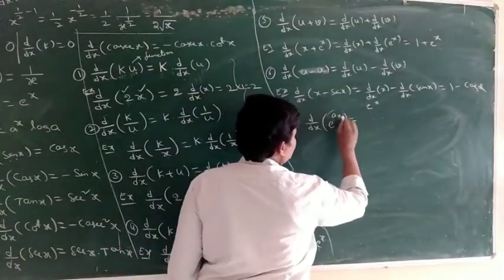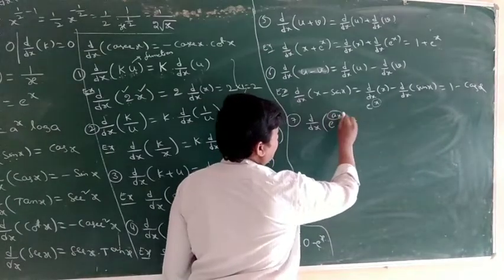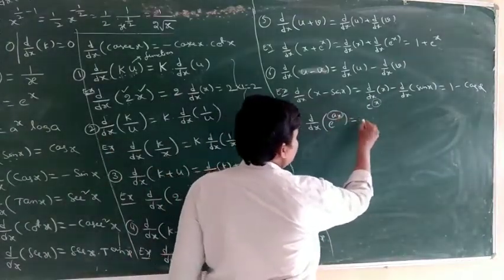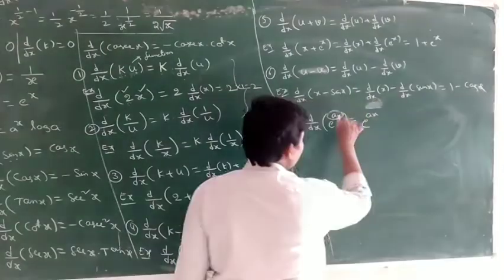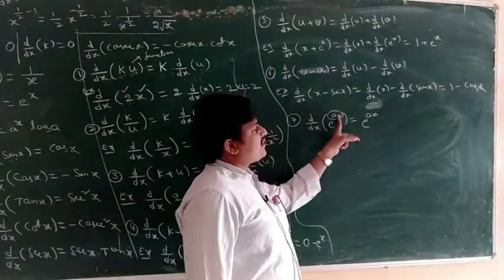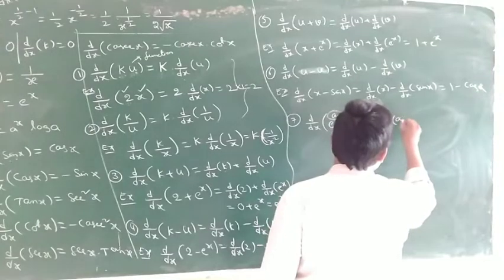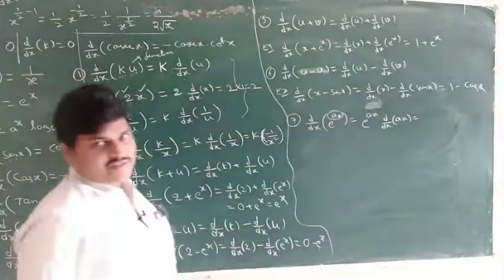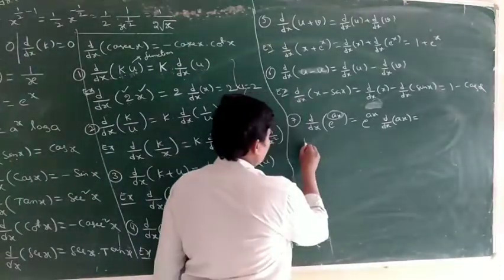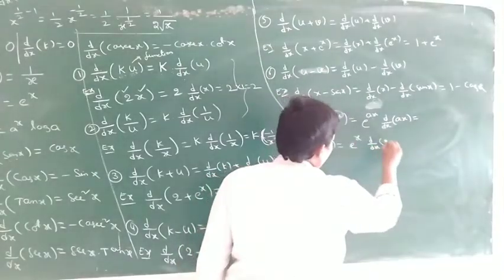Here, for example, take ax equal to x. So the derivative of e power ax is e power ax into the derivative of ax, because the derivative of e power x is e power x into the derivative of x.